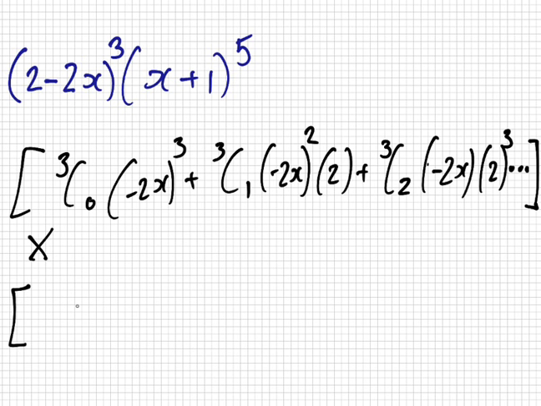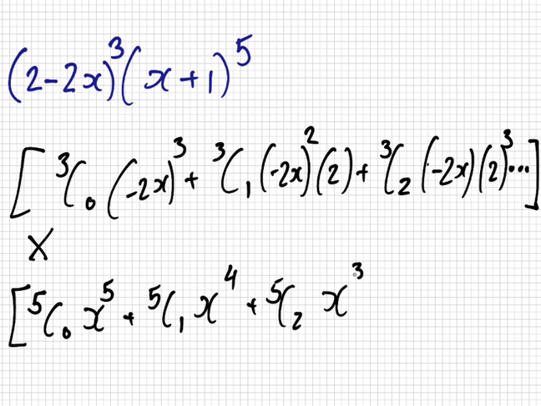So I get 5c0 x to the 5 plus 5c1 x to the 4 plus 5c2 x cubed. I didn't bother to write the 1 in because 1 to the power 5, 1 to the power 4, it's the same. Shouldn't it be 2 squared? Yes, sorry, 3, 2, 1, 0. Oh, here it should be a 2. Thank you.